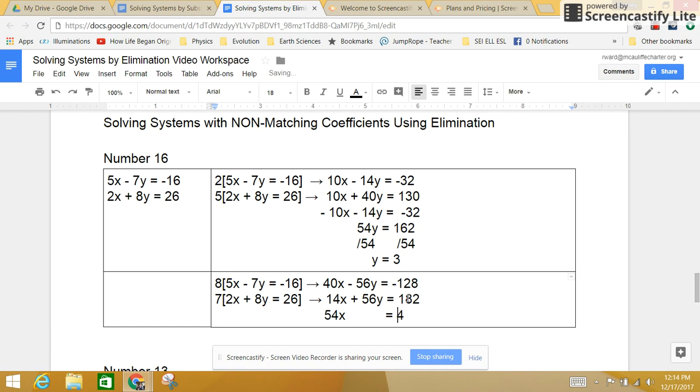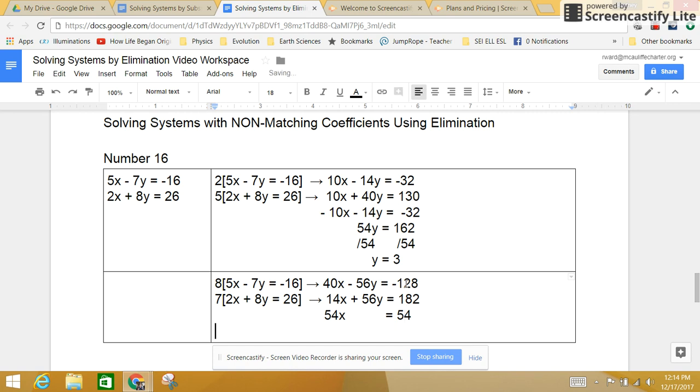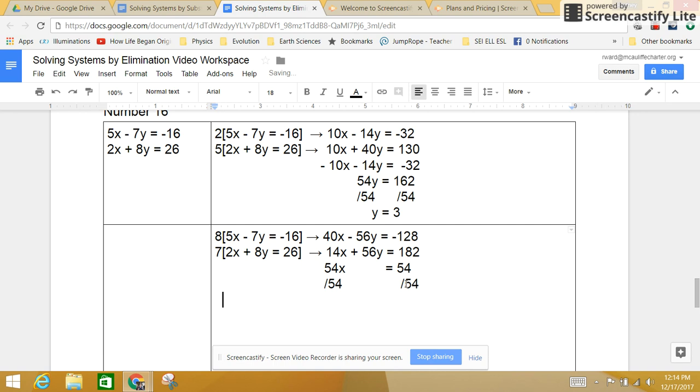And then this became a 7. 7 minus 2 is 5. Oh, look at that. And the 1 minus 1 is just 0. So that's very convenient. I'm going to divide both sides by 54. And x is going to equal 1.